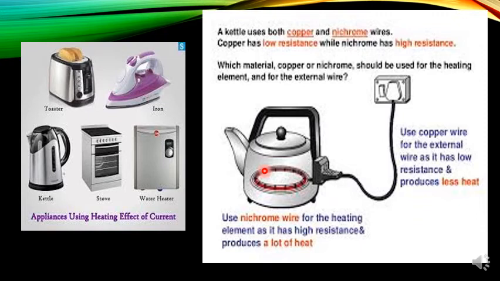Why? Because the heating coils, which are made up of nichrome, will have high resistance, but copper has very low resistance. That is why it is used as connecting wire. A negligible heat is produced in the connecting wire, which is made up of copper, because of its low resistance.